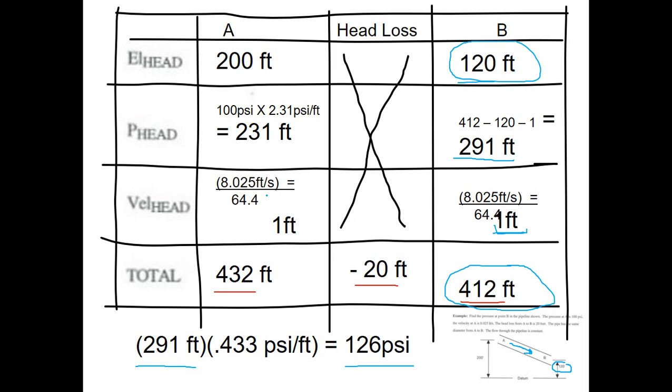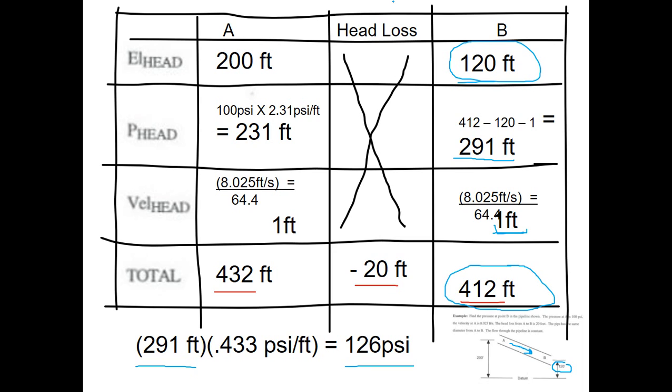So we get the total energy here at 432 at A. Once we've got that, we can take away the 20 feet of head loss, and that'll be 412 feet. We know we've got 120 of elevation head at B and 1 foot of velocity head at B. Subtract those from the 412, we get 291. We can then convert that into pressure, it's 126.